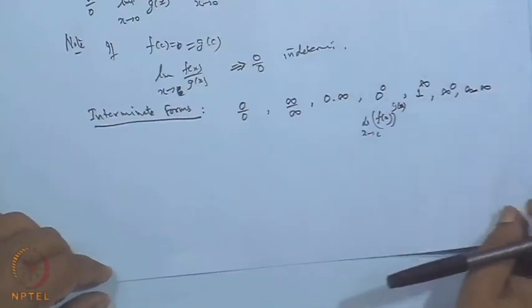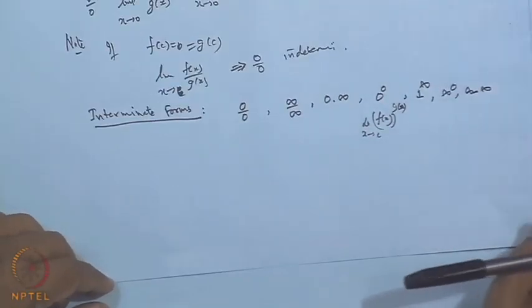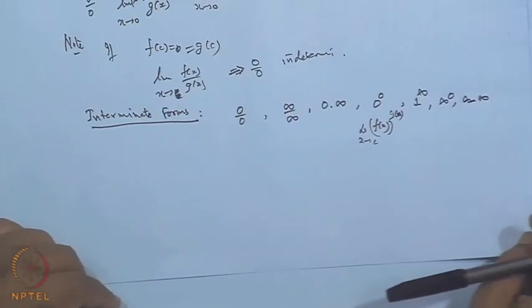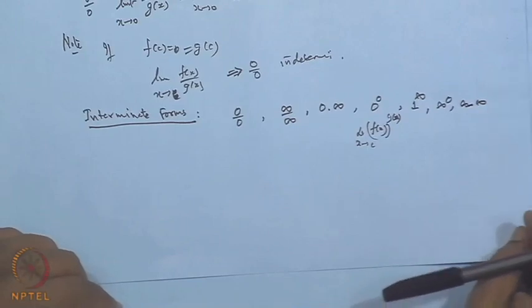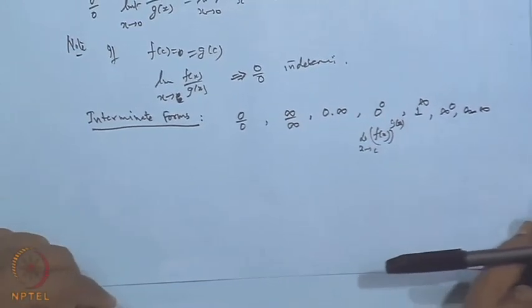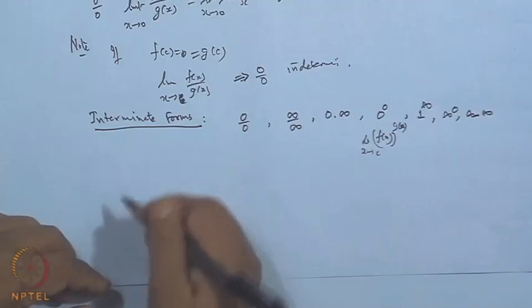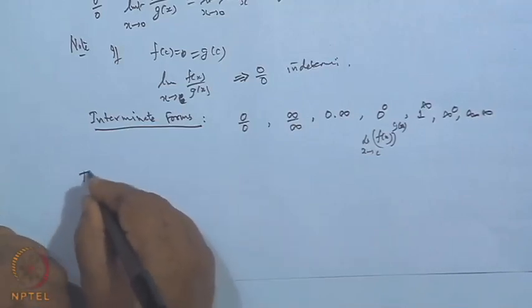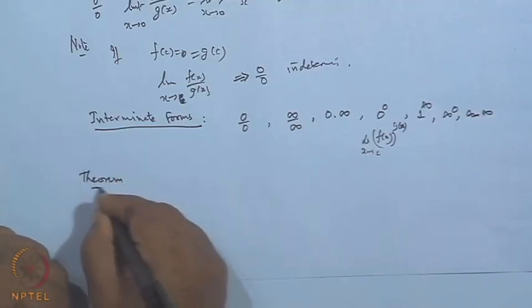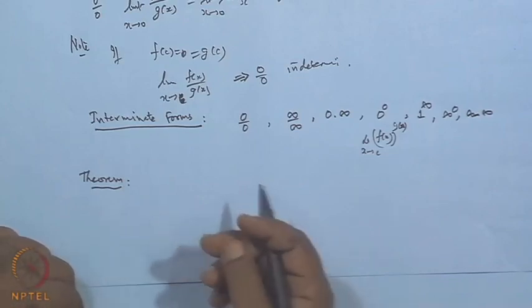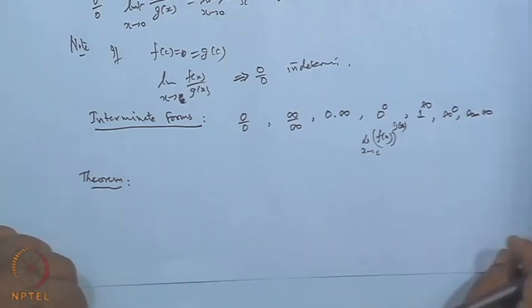Because just by substituting the value or taking the limit we cannot say what the limit is, or we cannot evaluate the limit also. So, before going for the last task, let us see one result which only requires the concept of the derivative and nothing more.